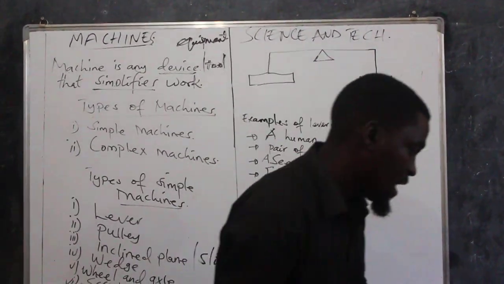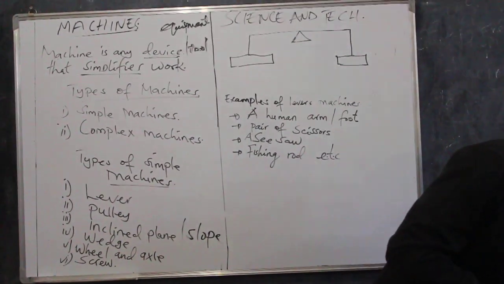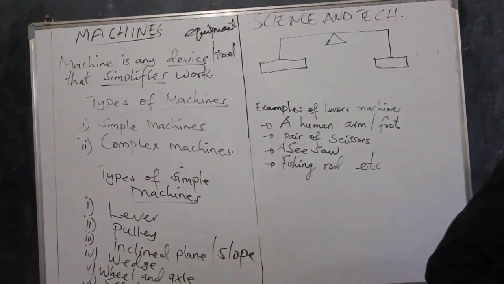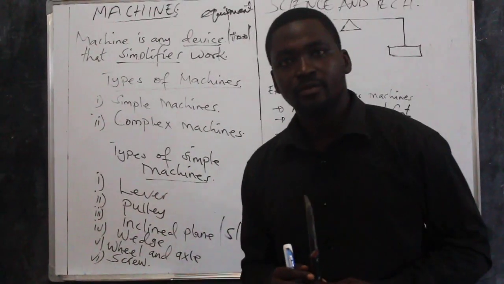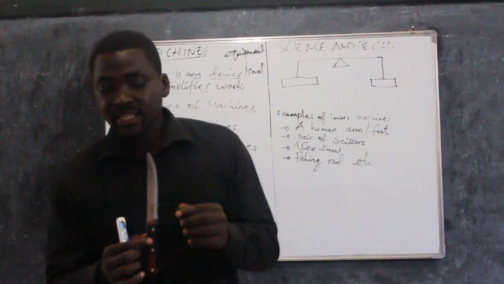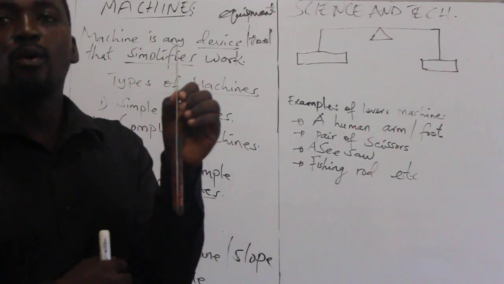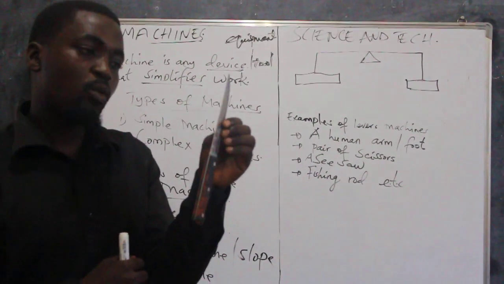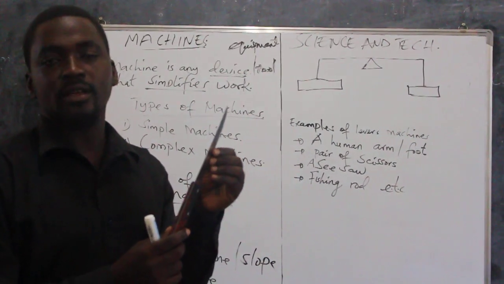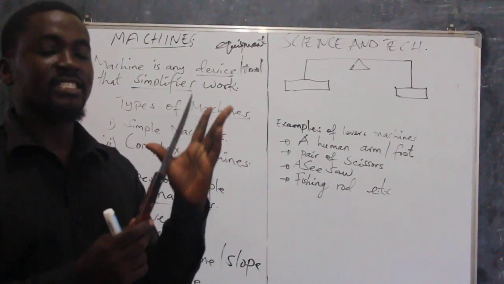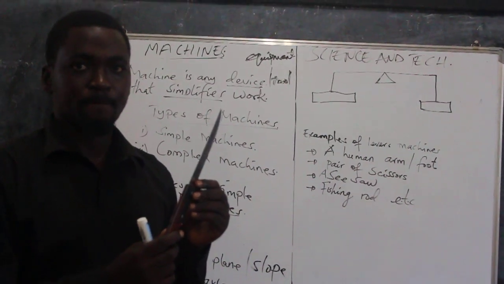So here I've tried to come up with some types of simple machines. Let me start with the wedge. The surface here that we see on the knife is a good example of a wedge. A wedge can be used in doing many things, just like cutting things apart.